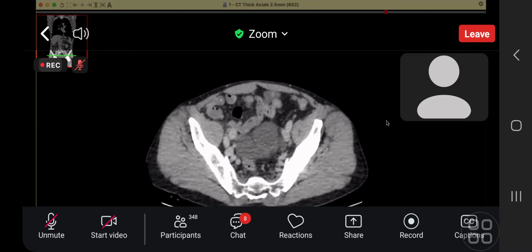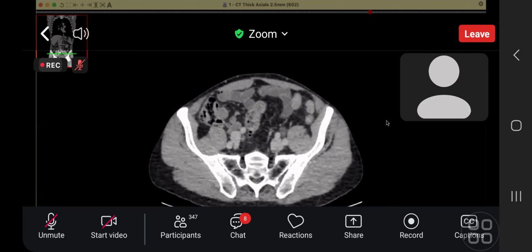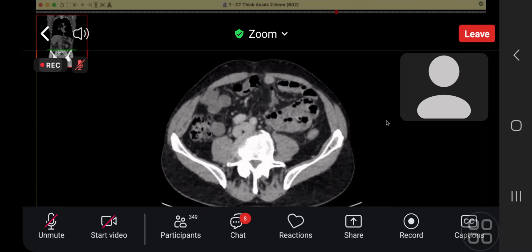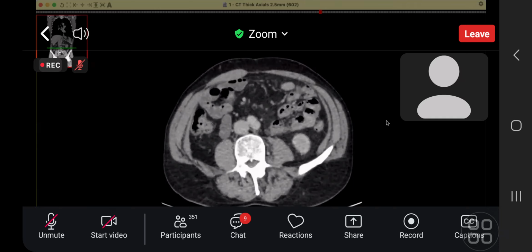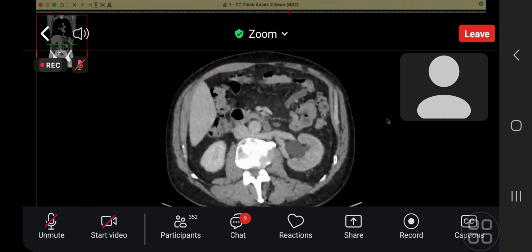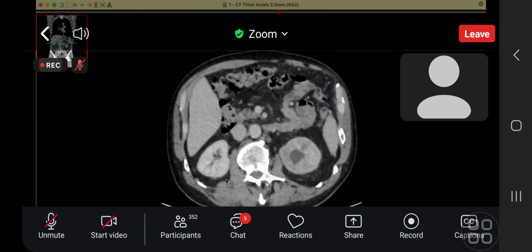I can see changes of hydroureter, and going upward, a left-sided mild hydronephrosis. There is a difference in the enhancing pattern between the right and left kidney, with hypoperfusion of the left kidney, raising the possibility of obstructive uropathy.